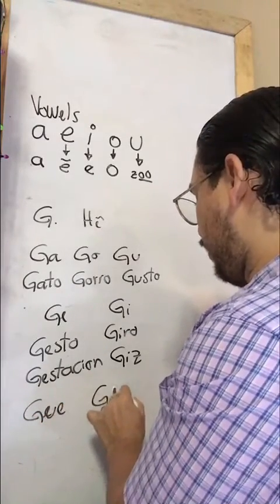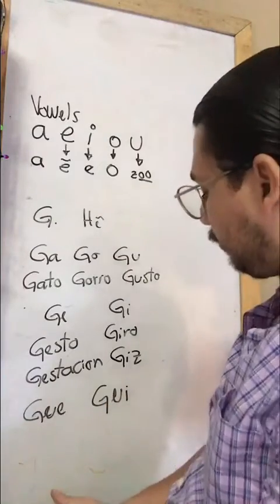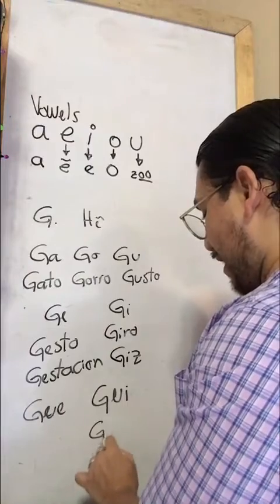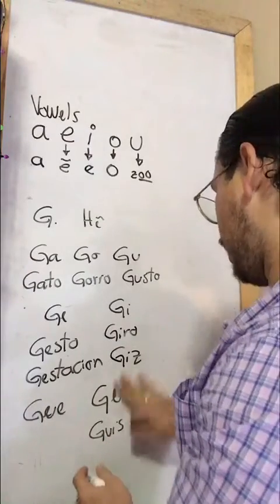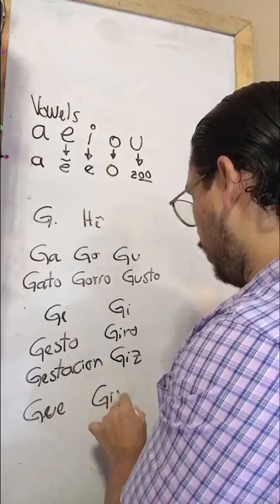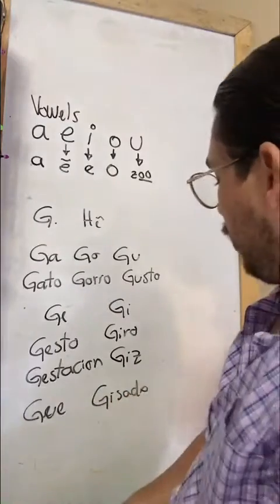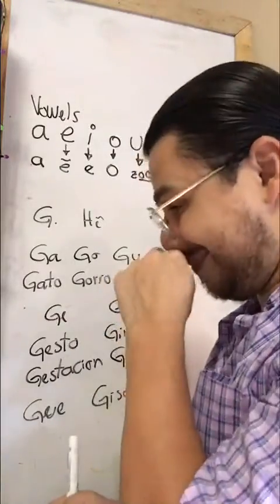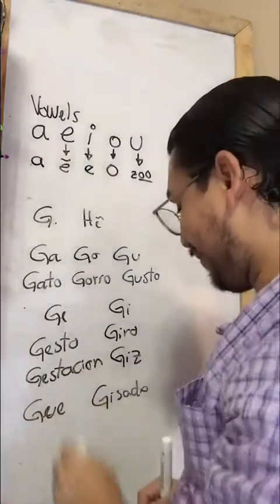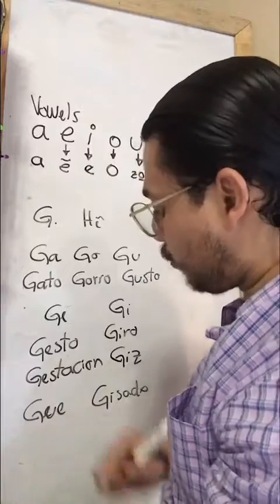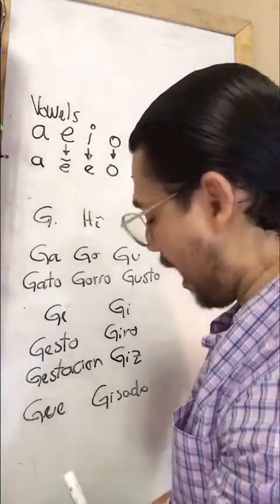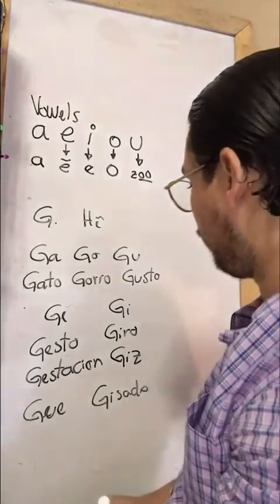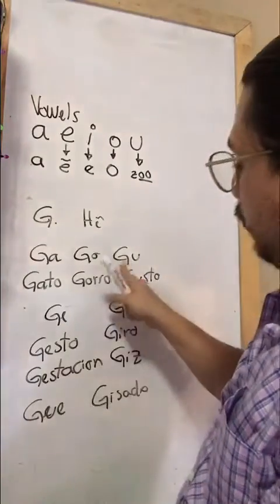Right now I cannot remember any that has gue, but I remember guisado. I'm so wrong. Guisado. Well, and I'm teaching Spanish, and I don't know anything. Because I would say huerto, but huerto is with H. Well, Mexicans say güero, but then that would be gu.